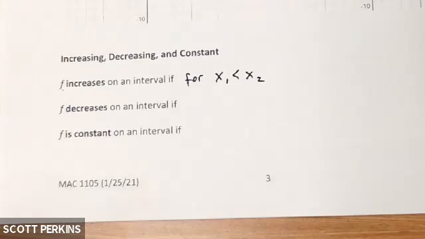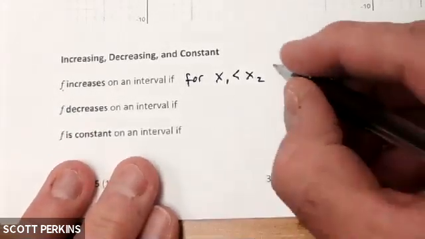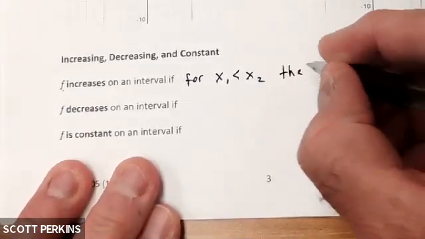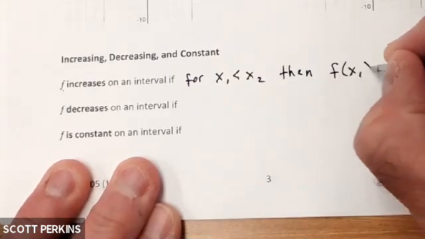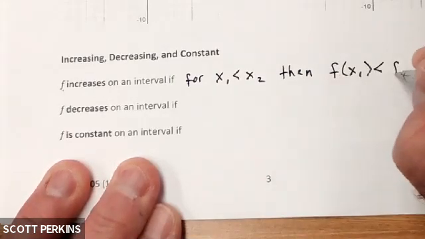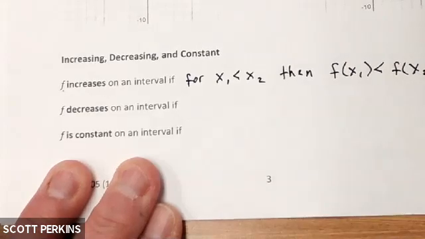As I'm going, each first x value is less than the next one. And I'm going to show you this on a graph, but that's just the fancy math lingo to say I'm going from left to right, like we would ordinarily read a sentence. Okay, left to right. So for x1 less than x2, then what happens if I have something that's increasing is the function value at x1 is less than the function value at x2.